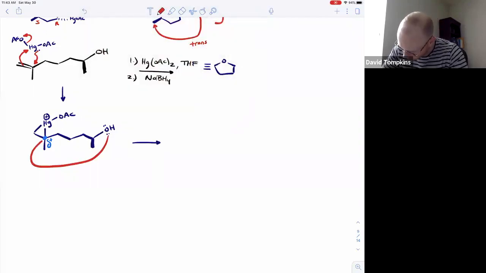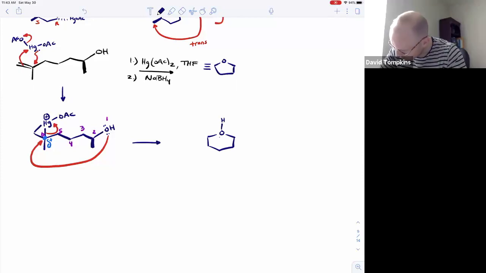So the oxygen nucleophile will quickly attack that tertiary carbon to deliver a lone pair back to the electrophilic mercury. And this is a fast reaction because it is intramolecular and forms a 1, 2, 3, 4, 5, 6-membered ring. And we know that 6-membered rings are stable, and therefore the transition state is stable, and therefore it's going to be a fast reaction.